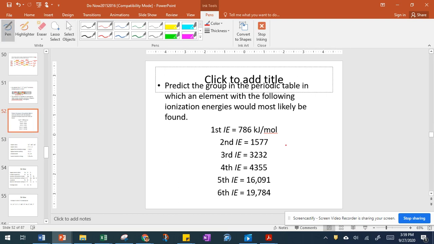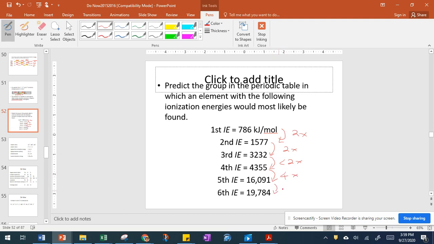Okay, so let's go over this. The first jump is about 2 times. The second jump will also be about 2 times. The third jump is less than 2 times. The fourth jump is about 4 times.